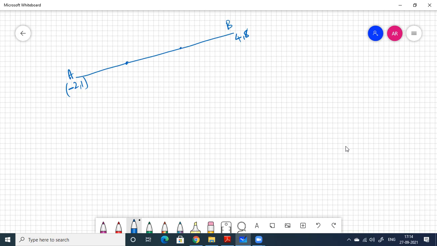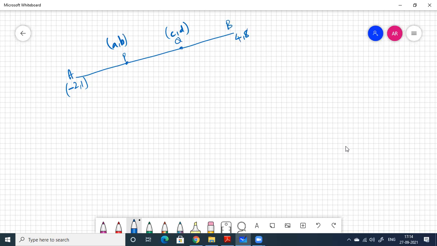That means you have to find P and Q. And let P be (a, b) and Q be (c, d). You just name them. You can name them as (x1, y1) and (x2, y2) also.